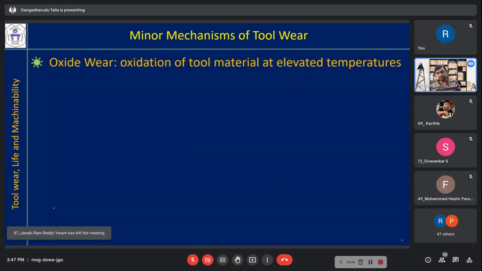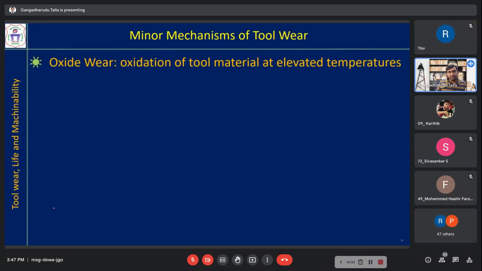Apart from these major tool wear mechanisms, what are the major tool wear mechanisms? Adhesion, abrasion, diffusion, and fatigue. Those are the main ones. There are a few more mechanisms also involved in tool wear, but their contribution is very small.